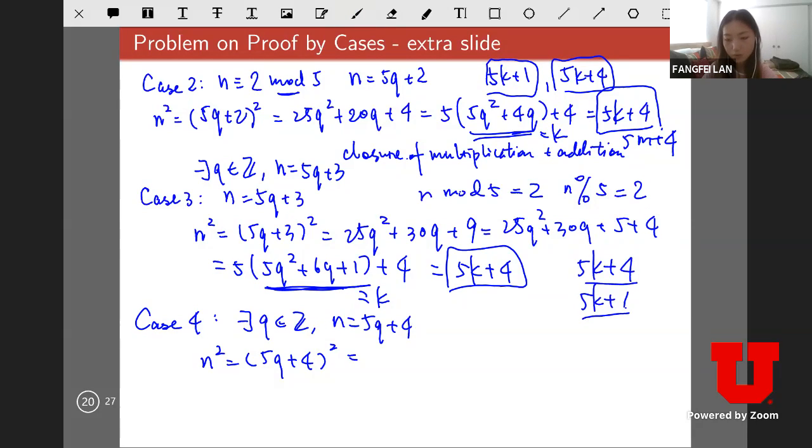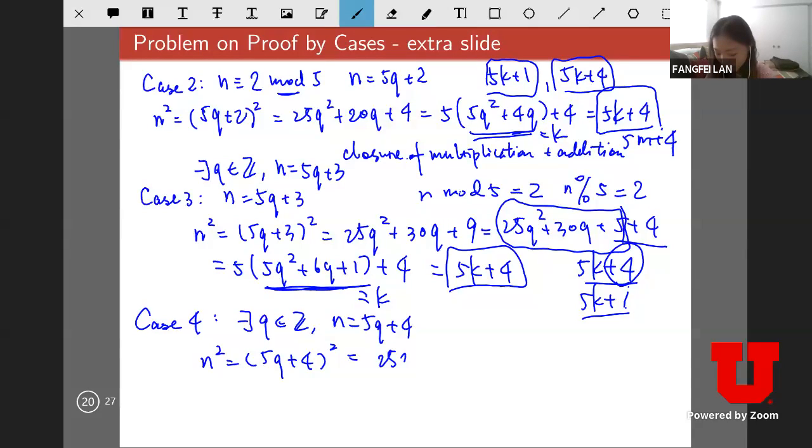In order to get that goal, we're trying to leave the 4 out, or a 1 out. So that's why we split up the integer at the end, so we can factor everything else inside the parentheses, and then we have this 4 left outside.